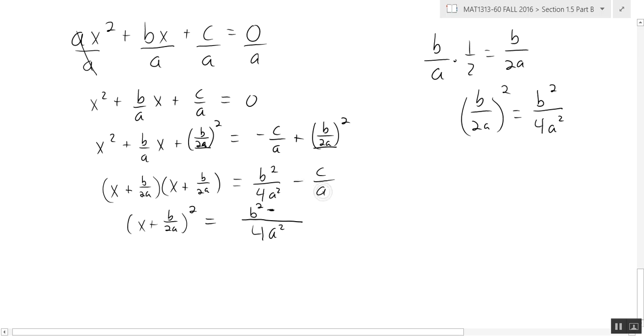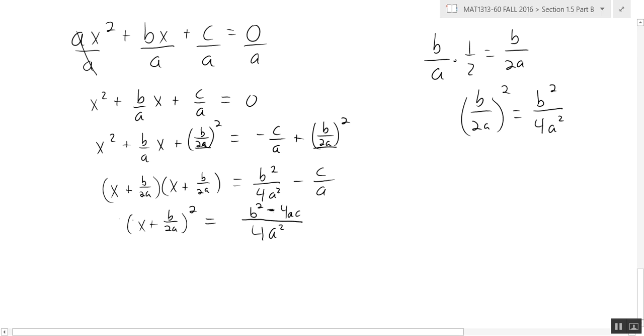Now here we don't have 4a squared. So you have to take 4a squared and divide it by a. That would just give you 4a. And say that times c. So that would be 4ac. Okay? I know it's a little confusing, but really we're just following the same steps that we would if we were completing the square, and then we had to do a little algebra to make these two fractions into one fraction.